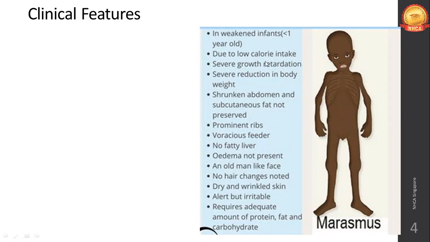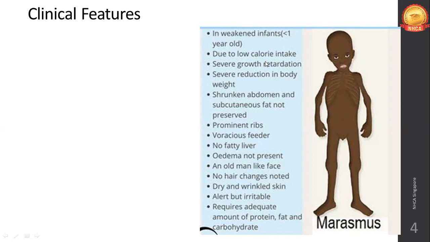But marasmus is usually seen in infants less than 1 year old. It is due to low calorie intake and severe growth retardation, with severe weight reduction in the body.